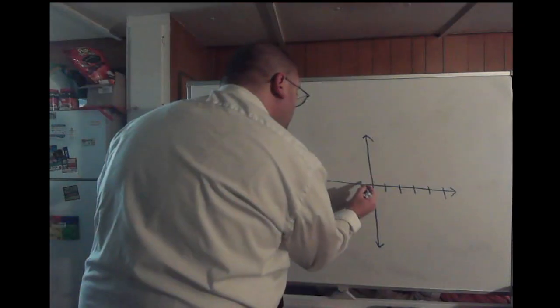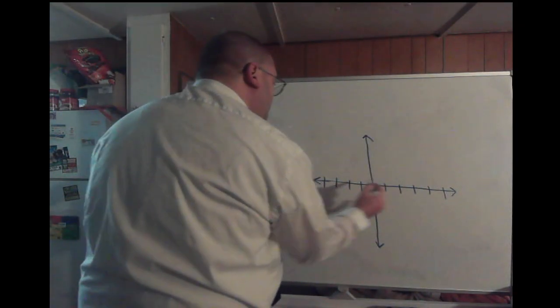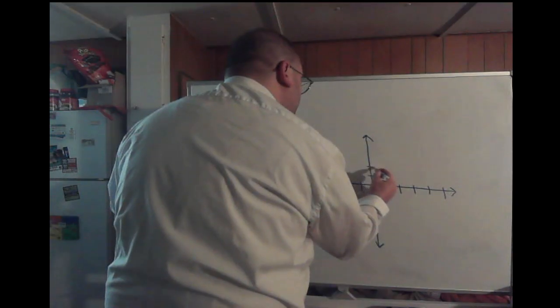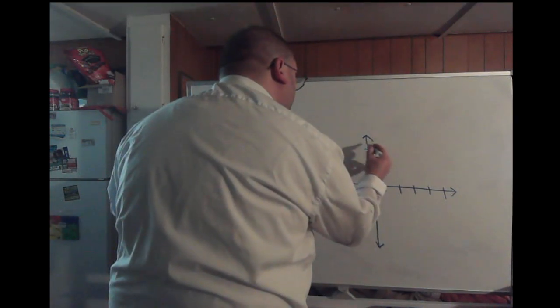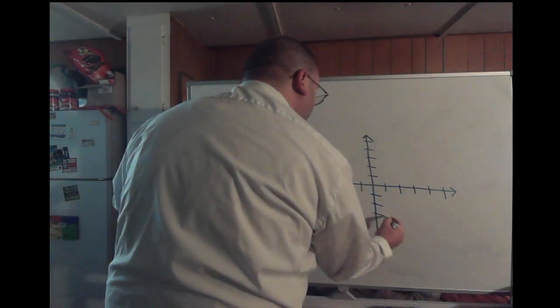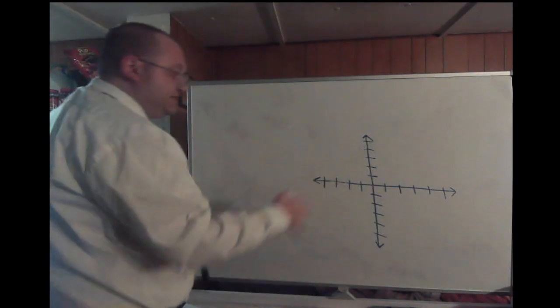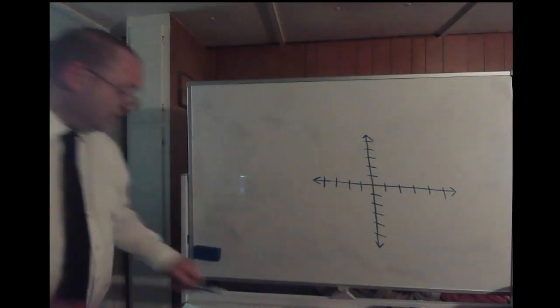Let's see, 1, 2, 3, 4, 5. 1, 2, 3, 4. 1, 2, 3, 4, 5. 1, 2, 3, 4, 5. Okay, so I got my coordinate plane here, the x and the y axis.